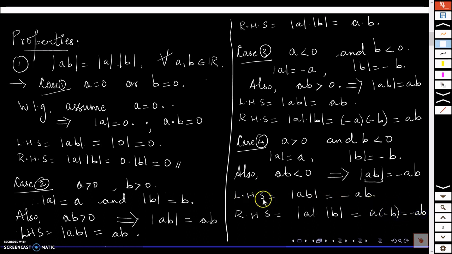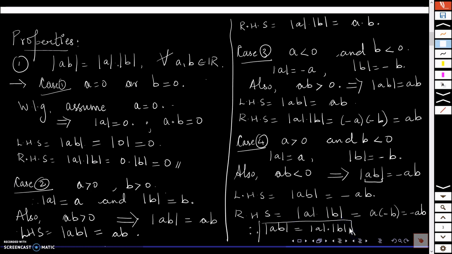Again left hand side is equal to right hand side. So we have seen all the possible cases for A and B, and the conclusion is that for any two real numbers A and B, mod AB is equal to mod A into mod B. This is going to work.